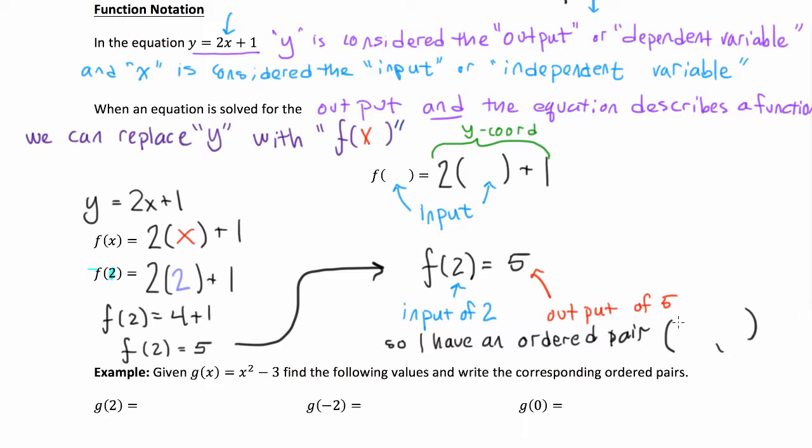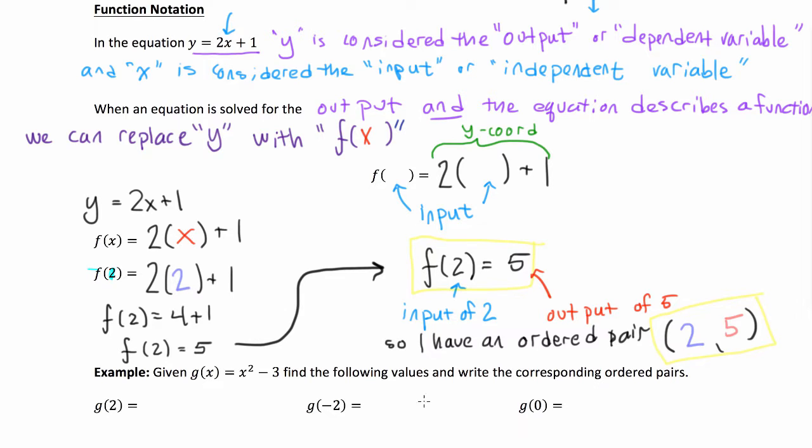So the input of 2 and then the output of 5. And that's the ordered pair that corresponds to this. So the idea is that this and this are two different ways of writing the same thing.